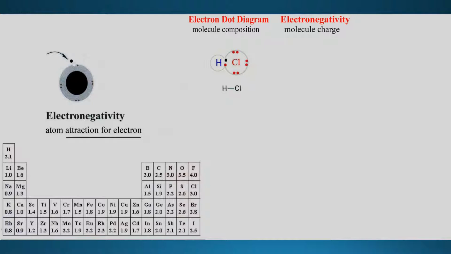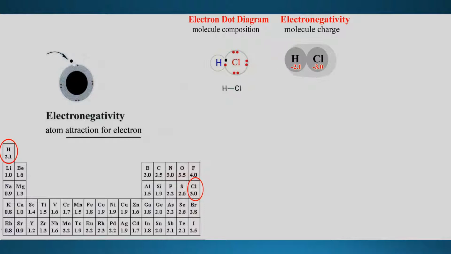Imagine now we consider the electronegativities table. In this table, you can see H is 2.1, Cl is 3.0. So 3.0 is stronger on electron pulling than 2.1. And then what will happen? The electron will be pulled more towards the Cl side.